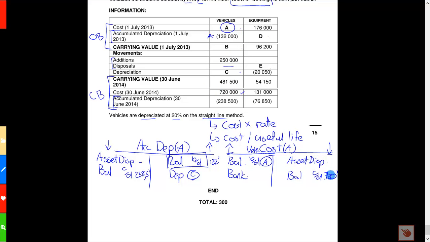We also know that there were additions during the year of 250,000, and that there were no asset disposals for vehicles specifically, so we can work out amount A. It is simply the difference. We add up our debits, that's 250, we add up our credits, that's 720, and the remainder is going to be the amount for A.